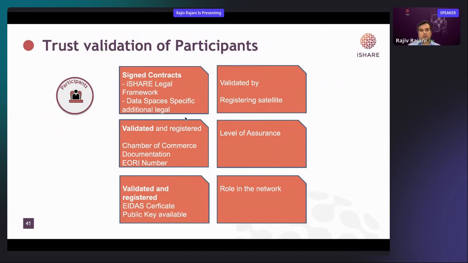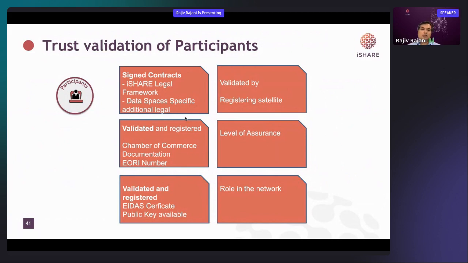Currently, we require a URI number, which can also be determined. It's not necessary to apply for it, of course, unless you are an organization outside the EU. But we are also working on supporting more different kinds of identifiers within the iSHARE framework, so that you can reuse those identifiers which you already have.